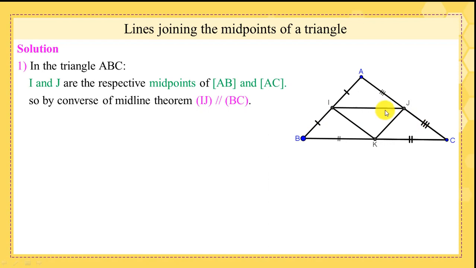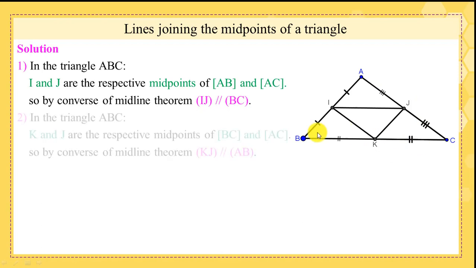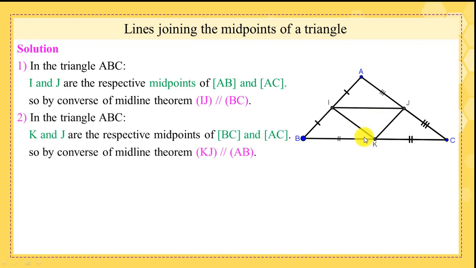Also, what can we say about JK and AB? We have J and K are the respective midpoints of AC and BC, so by the converse of the midline theorem, KJ is parallel to AB. What is the nature of quadrilateral IJKB? Since IJ is parallel to BC, but B, K, and C are collinear, IJ is parallel to BK.